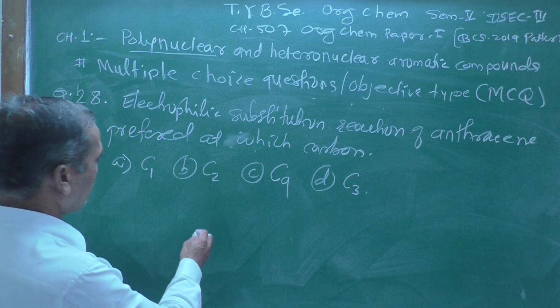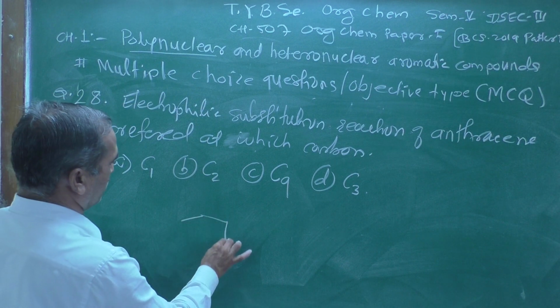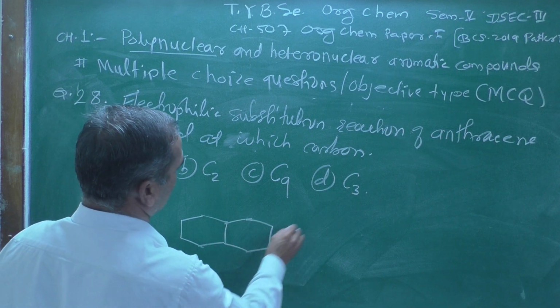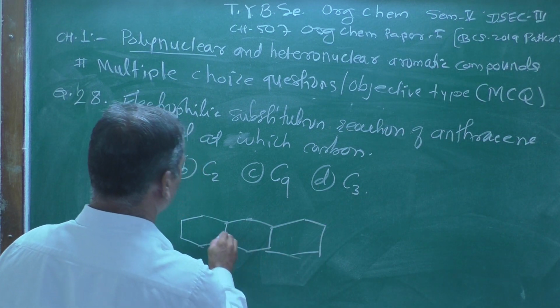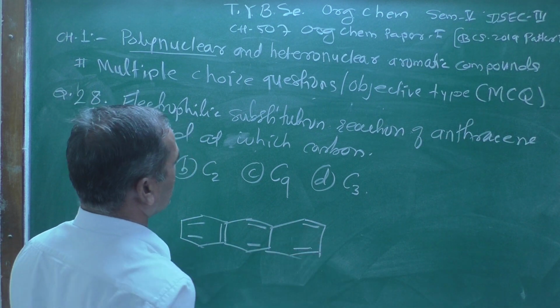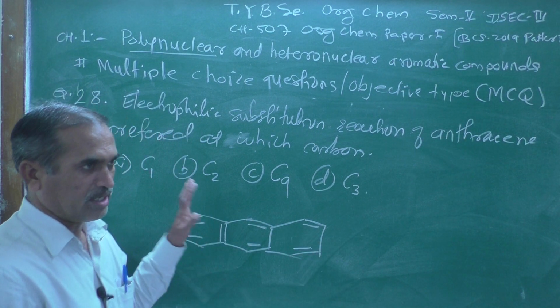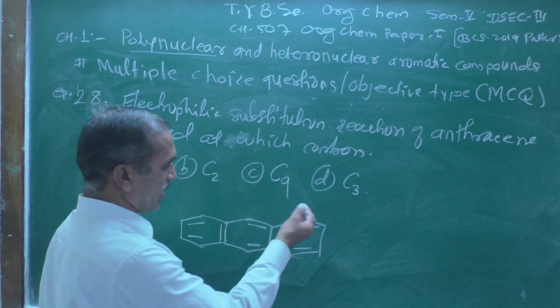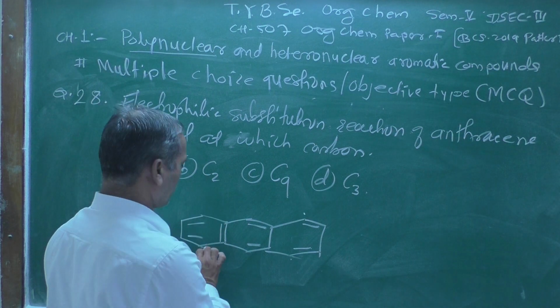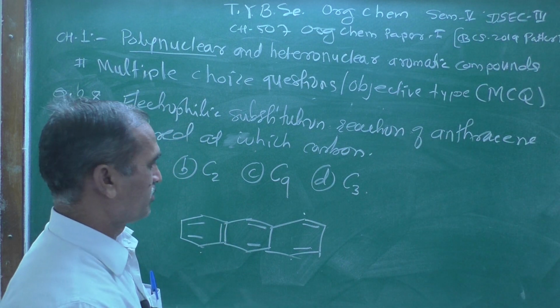Now, let me elaborate here. The structure of anthracene is this one. You can see clearly, and for the numbering you can start from this side or this side, it doesn't matter.